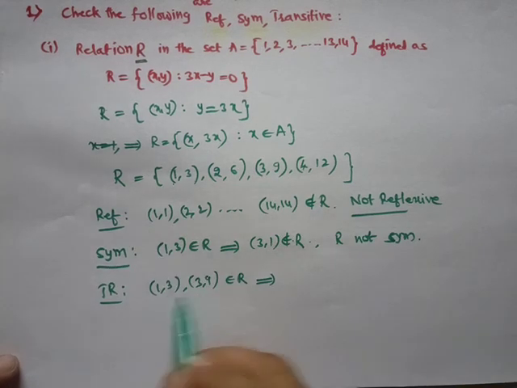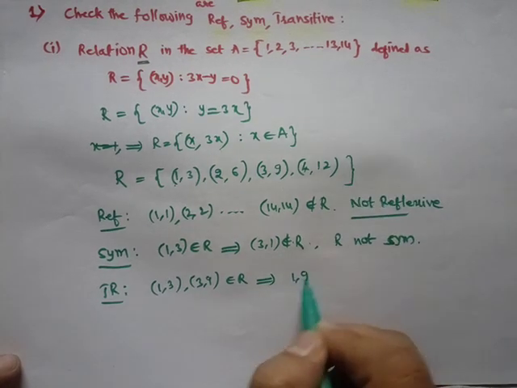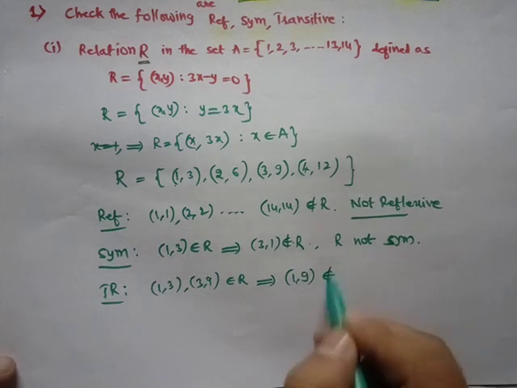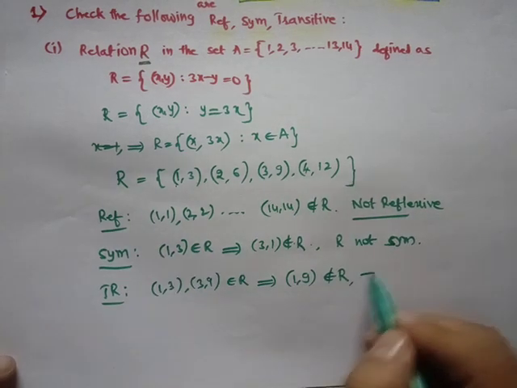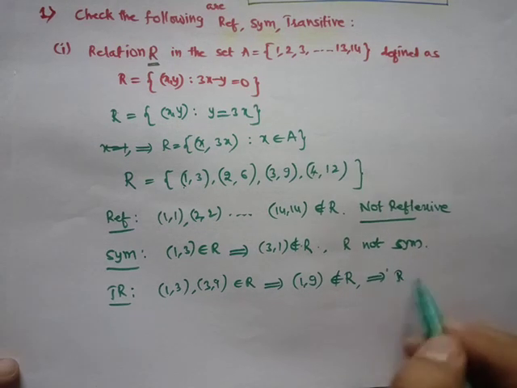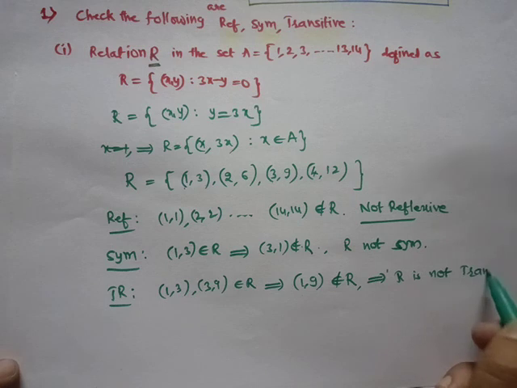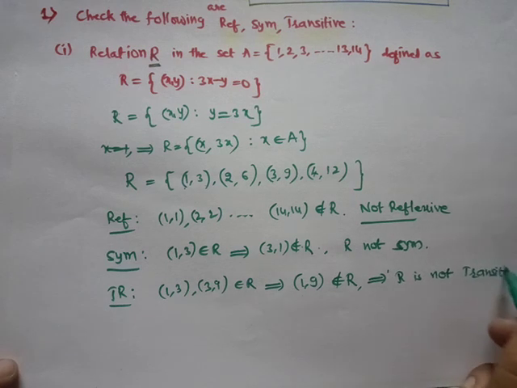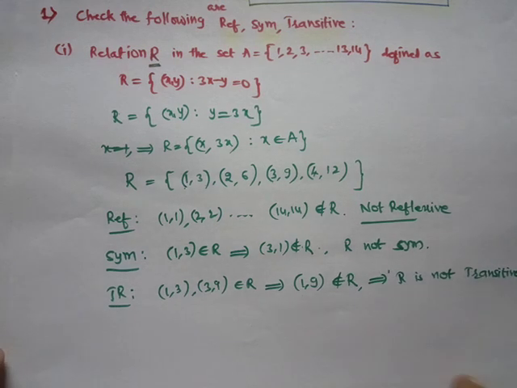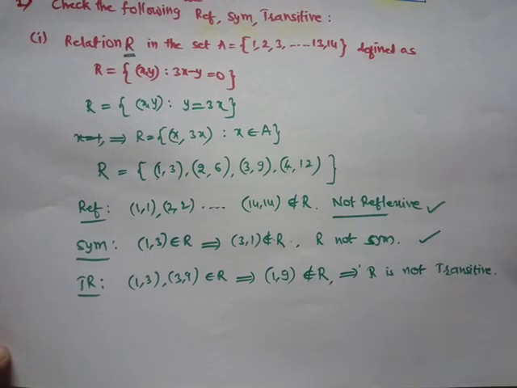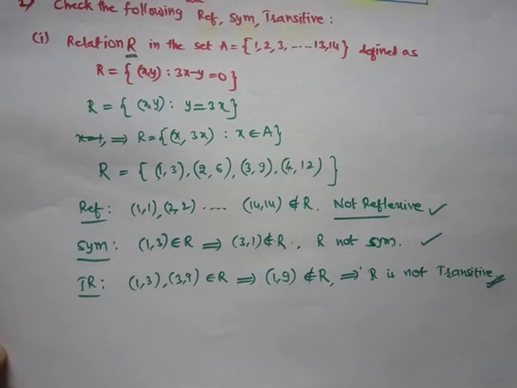This implies (1, 9), whether (1, 9) is present here. (1, 9) does not belong to R, so this implies R is not transitive. So we saw here it is not reflexive, not symmetric, and lastly not transitive.